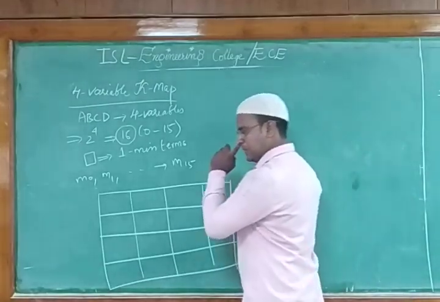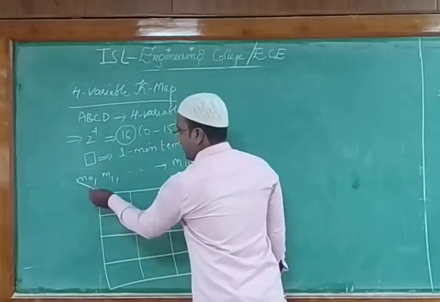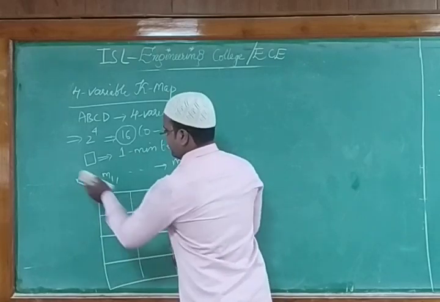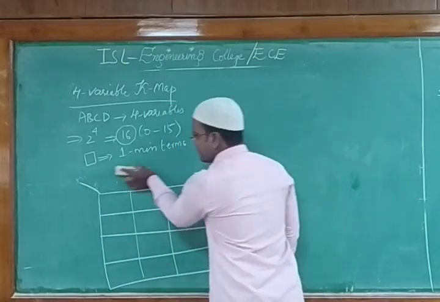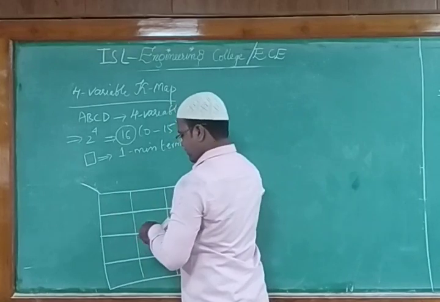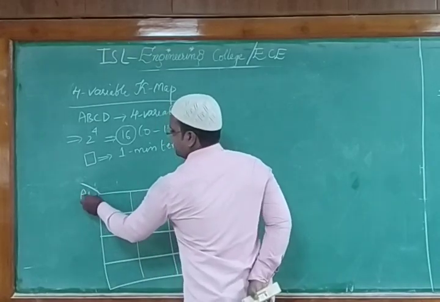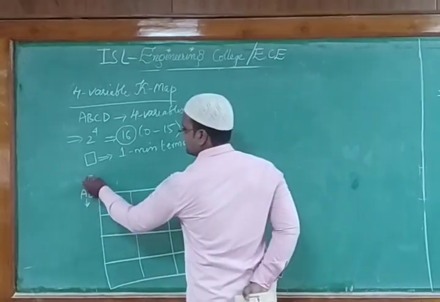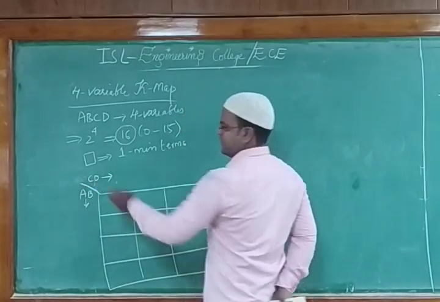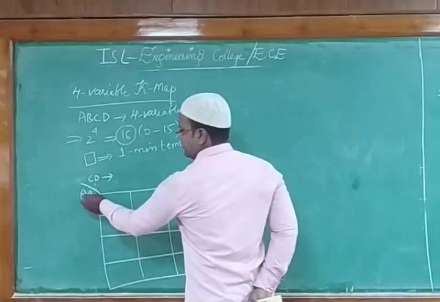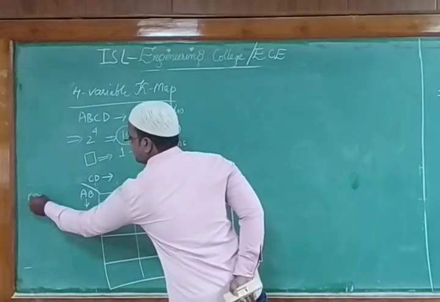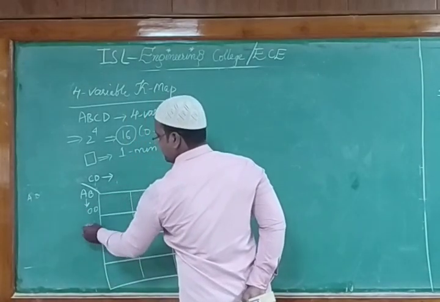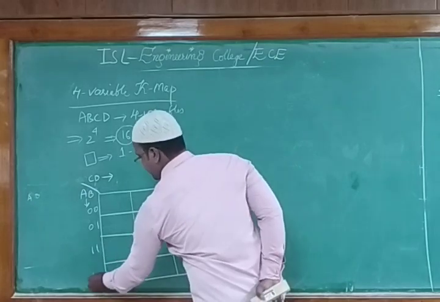For each row, I'm mentioning one specific letter. The rows are A, B, the values for which we are writing this combination. Next is C, D, on this side. What are the AB total combinations? 0 0, 0 1, 1 1, 1 0.